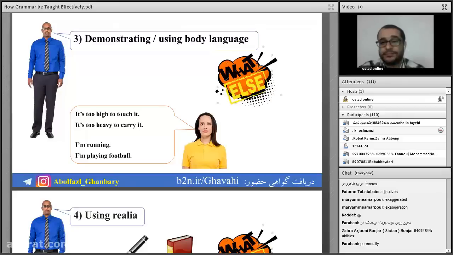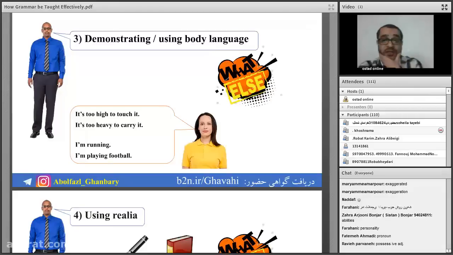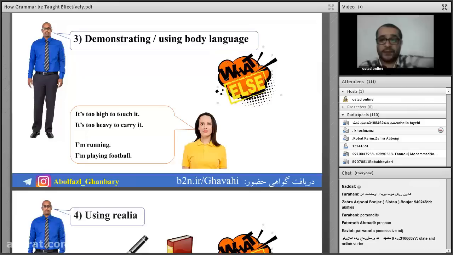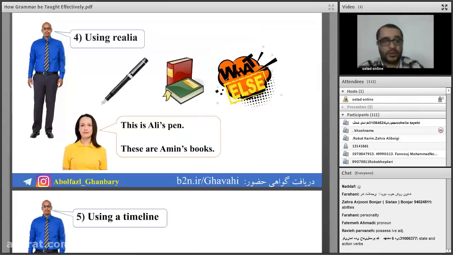Abilities, personality, yeah, facial expression. That's for teaching nouns. When you say personality, it is for teaching nouns, adjectives, and vocabulary. It is not for teaching grammar. Pronoun, yeah, possessive pronoun, action verb, state verb, yeah, very good.